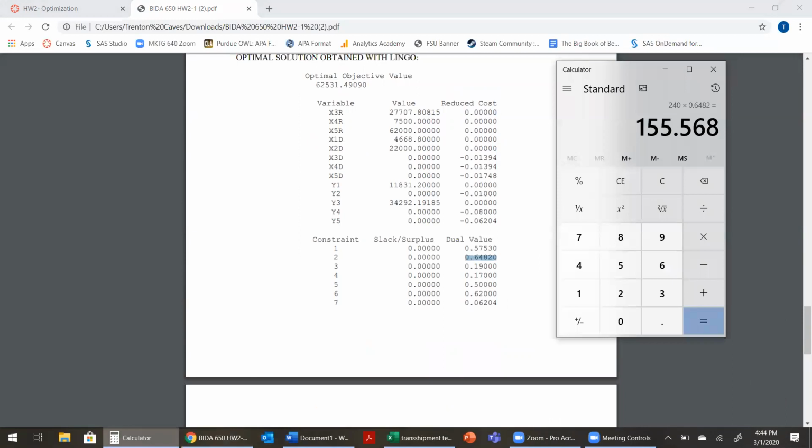So it's the increase in Dobie hours times the dual price for Dobie. So question K fails the 100% rule. Question L passes the 100% rule.